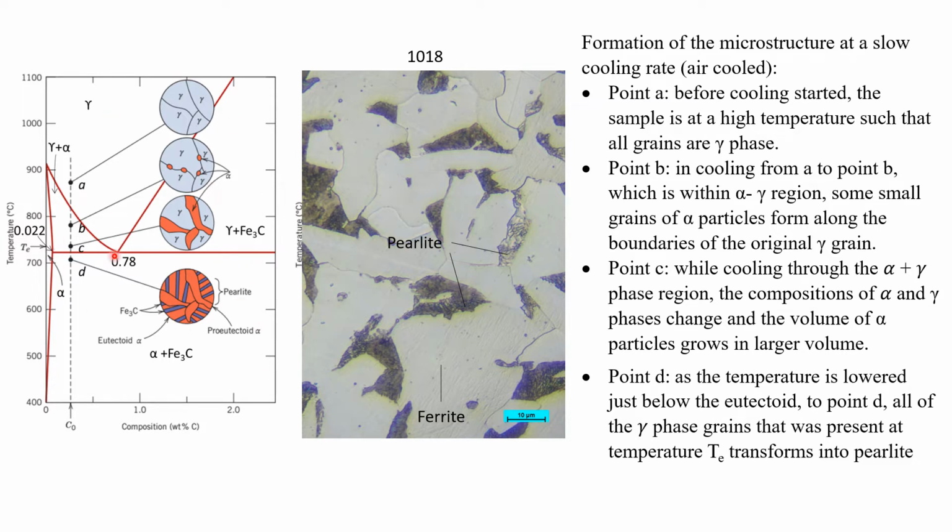So the typical formation of the microstructure at a very slow cooling rate will be shown like this. At the beginning, we heat the steel to a very high temperature, within the range where all the material gets austenitized, which means all the material is the gamma phase.